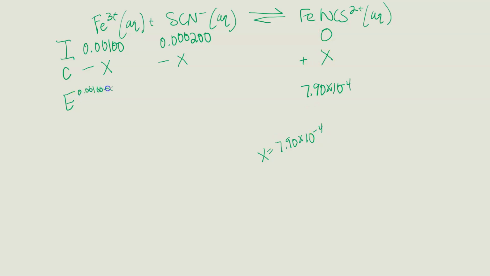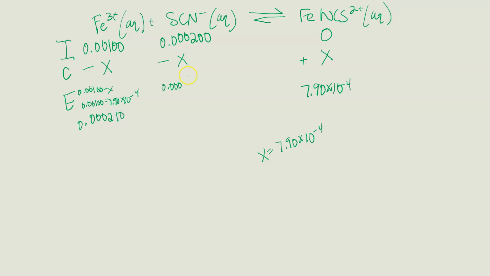So that tells me 0 plus x equals 7.90 times 10 to the negative 4th, which lets me solve for the other values. So I have to do the subtraction. Wait, no. Yeah, no, that's good. 2.210.